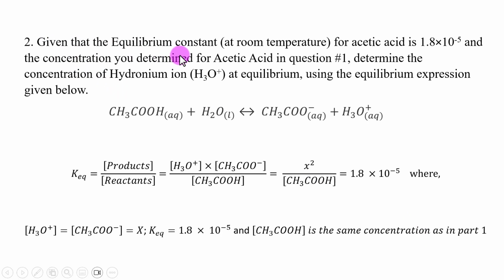Given that the equilibrium constant at room temperature for acetic acid is 1.8 times 10 to the minus 5, and given the concentration of your acid that you determined in question 1, so that molarity of your acid, determine the concentration of the hydronium ion at equilibrium using the equilibrium expression for this reaction given below.